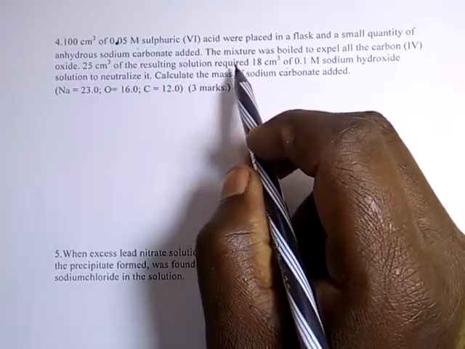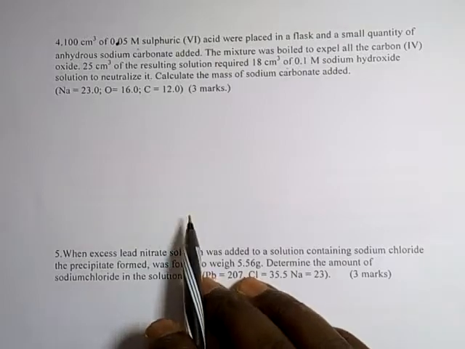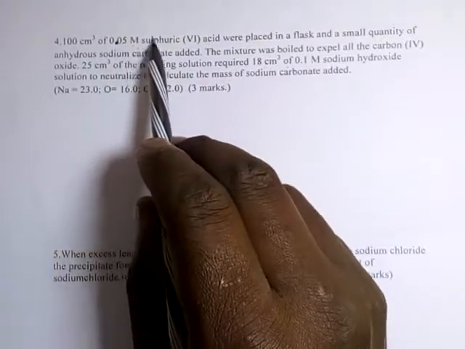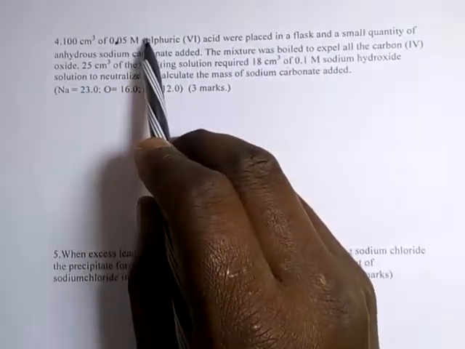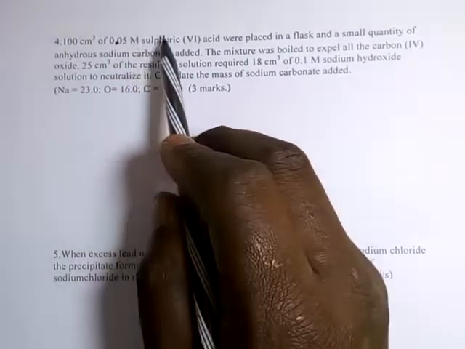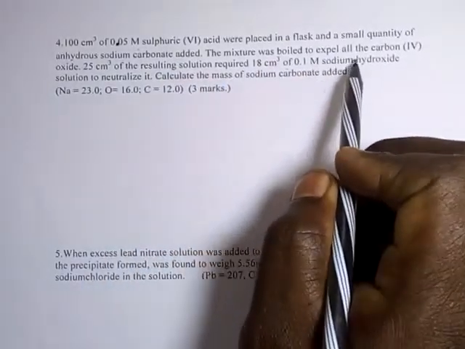So this question needs us first to write the equations of what happened here. We have two equations happening here. The sodium carbonate first will react with the 0.05 molar sulfuric acid, and then the excess acid is going to react with sodium hydroxide.